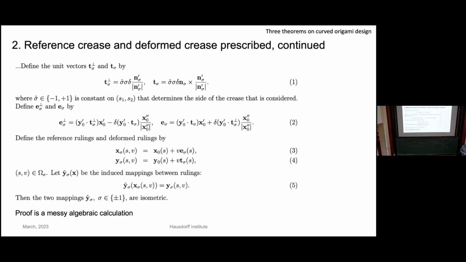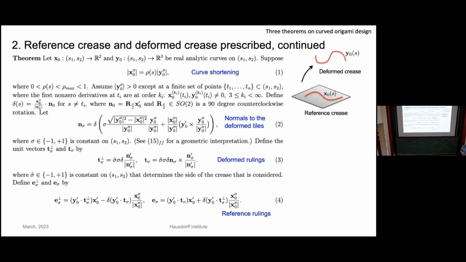So basically, ignoring the problem with degeneracy, the main assumption is just that the curve got shortened, and there are no accumulation points, so there's a lot of smoothness. So let's ignore the issue of degeneracy.